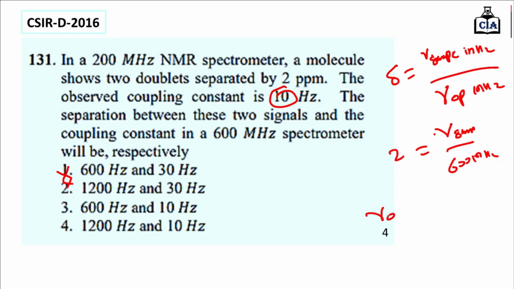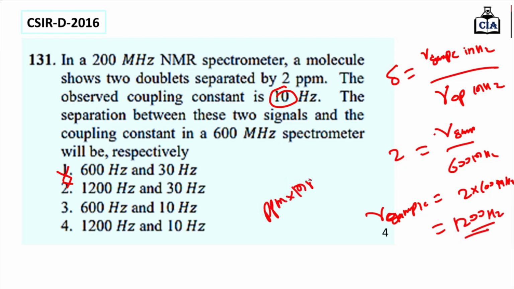So our frequency of sample equal to 2 into 600. Okay, 2 into 600 megahertz. So our value is 1200 hertz. Okay, this ppm into megahertz will give you the hertz unit. So our correct answer will be the fourth, that is 1200 hertz and 10 hertz.